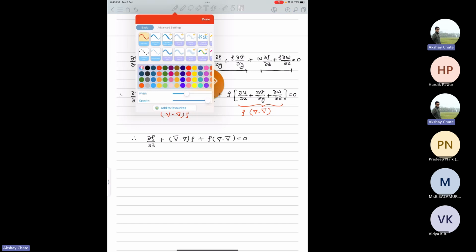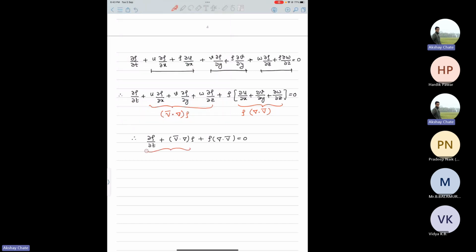And as we have seen earlier, this is the total derivative that we talk about. So this is nothing but capital D rho by capital D t, and it is equal to 0 because this is the mass balance. So this term goes to 0.